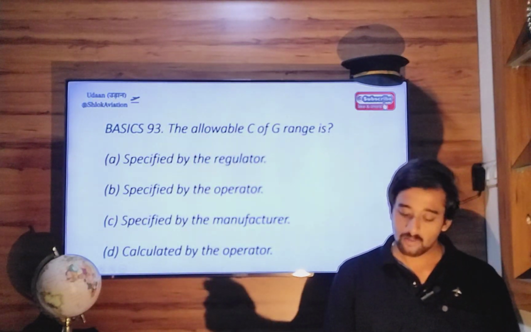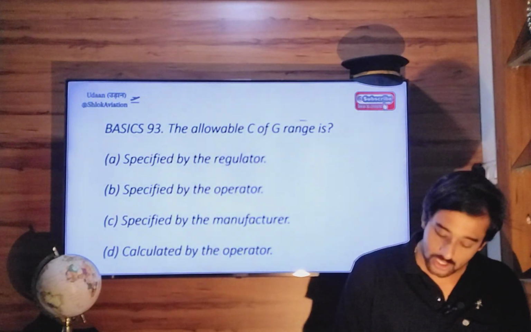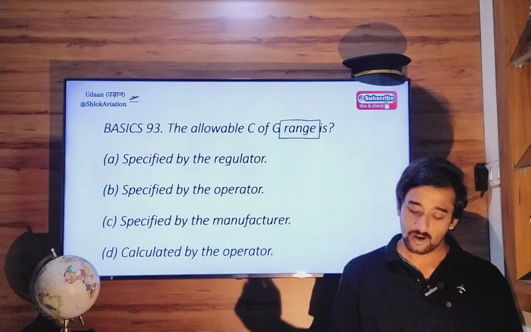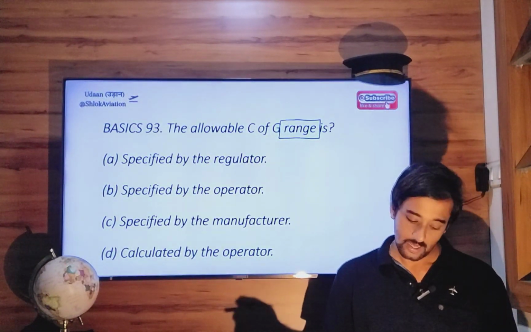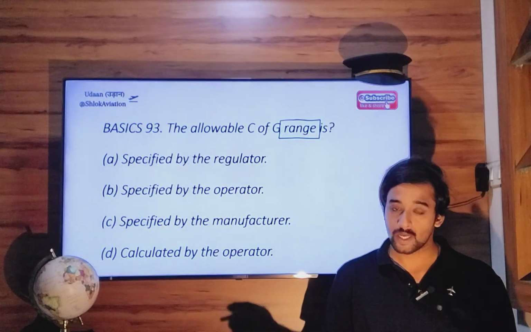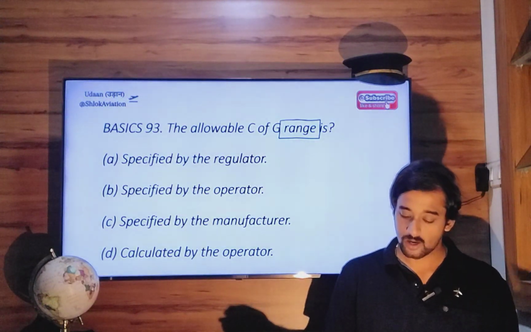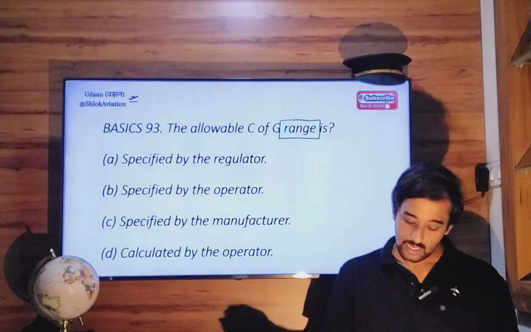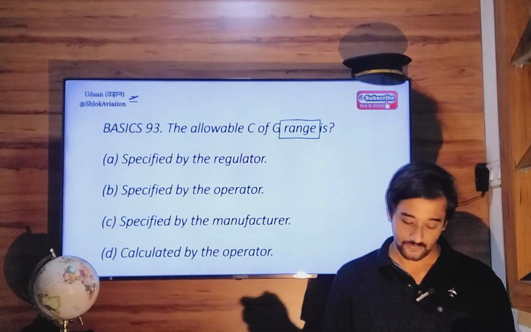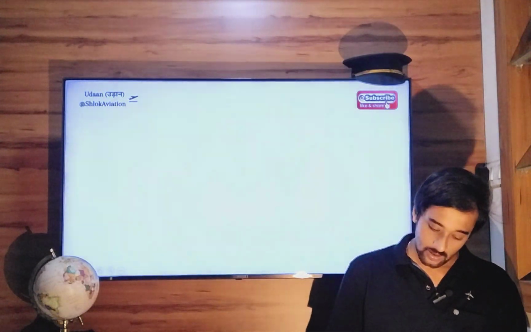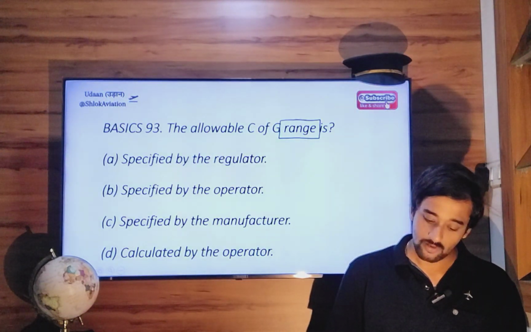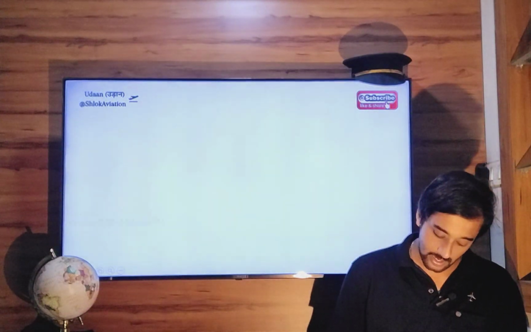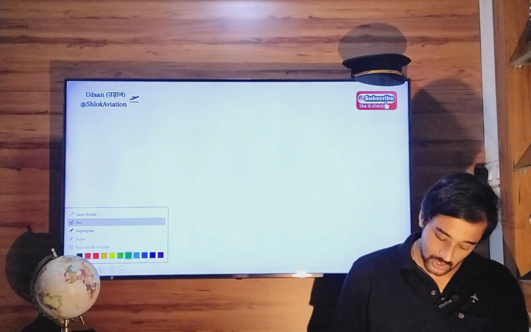Next, the allowable center of gravity range is what? Specified by the regulator like DGCA, specified by the operator, your company, specified by the manufacturer of your aircraft, calculated by the operator. So always remember, it's talking about center of gravity range. Now let's say here is your aircraft.